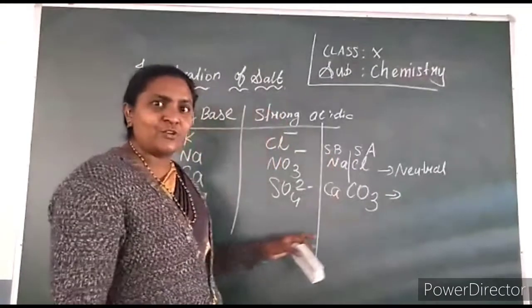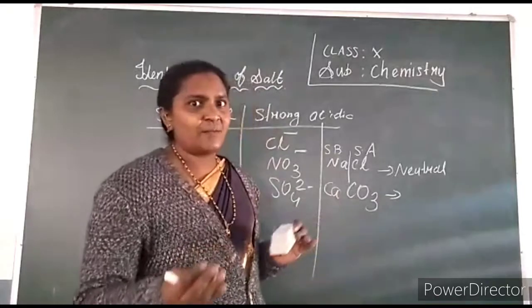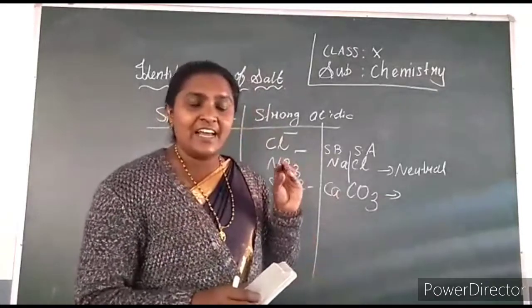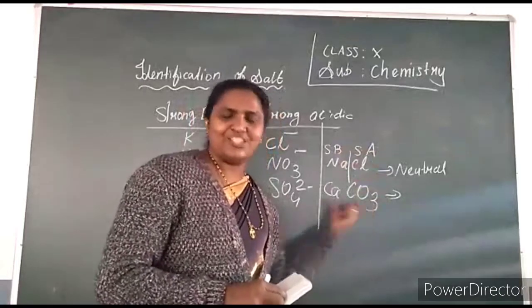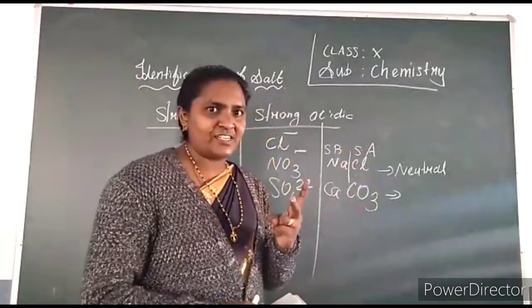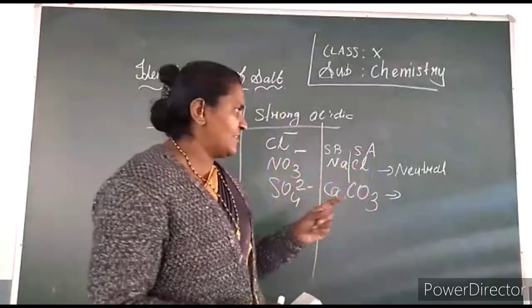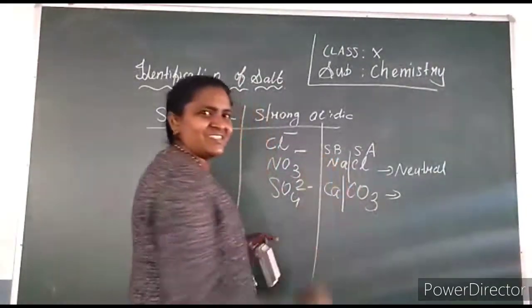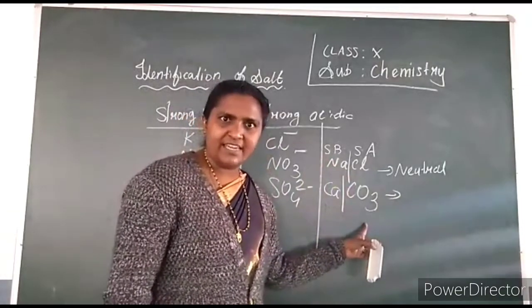Calcium carbonate. We are going to identify the nature of the salt, whether acidic salt or basic salt, and what is the effect of adding litmus solution to this solution. Two questions, identification and what is the action of litmus to this solution. First question, you divide into two groups. This is metal, basic nature, this is non-metal group, acidic nature.